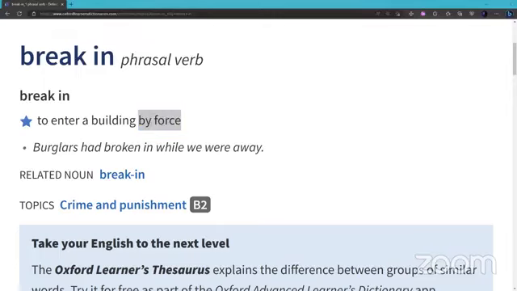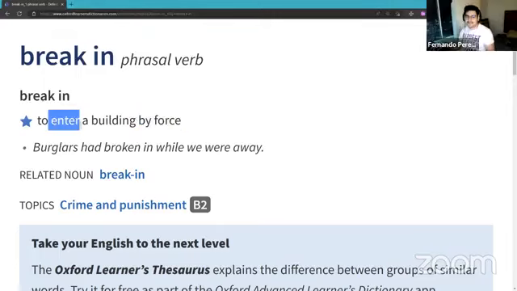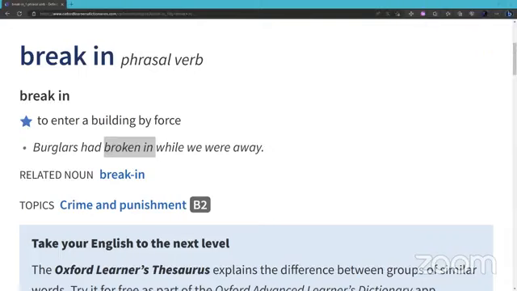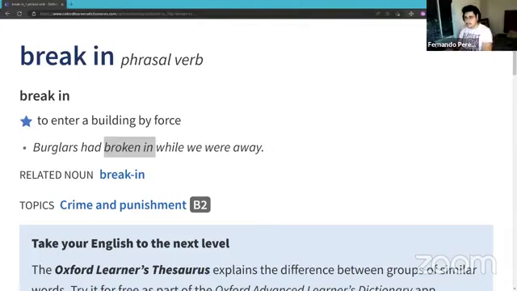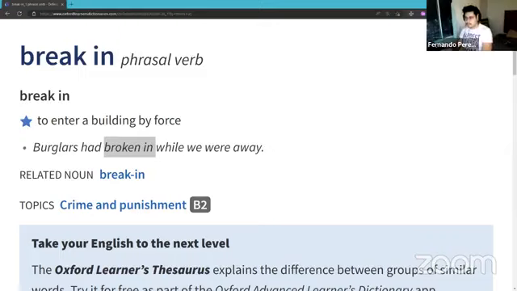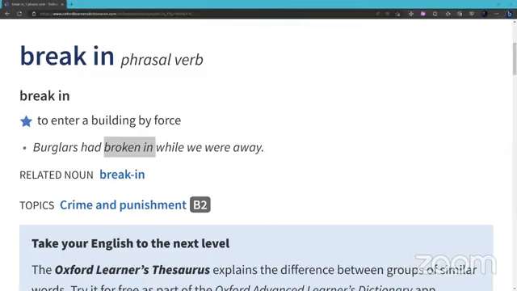Enter by force, very good. So replace the verb "broken in" using "enter by force." Burglars had entered by force while we were away.